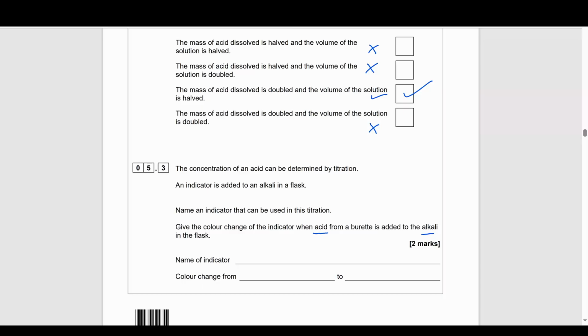Mixing an acid and an alkali and then finding the exact point at which it is actually neutralized. So we need to just give an example of an indicator that can identify that point and then what the expected color change would be. Well, a perfect example of an indicator would be methyl orange.